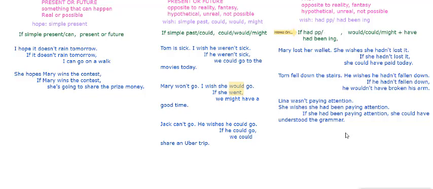Could is the only exception. Could and could have are the only modals that can go in the if part. All the other modals don't make sense. Okay, so any other questions?